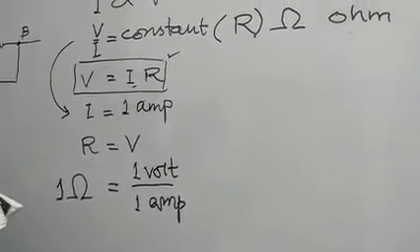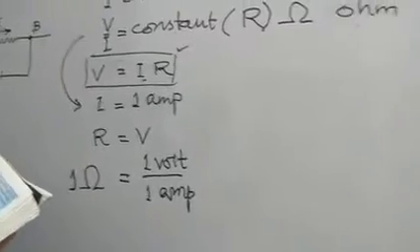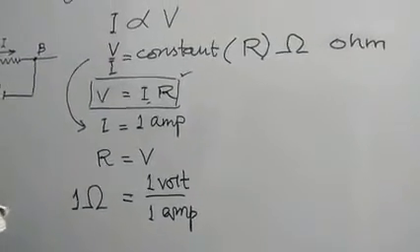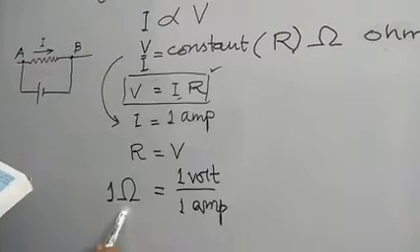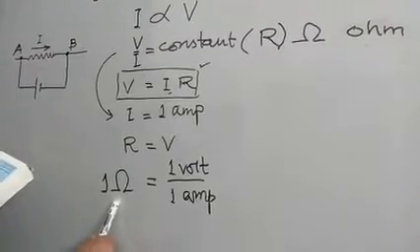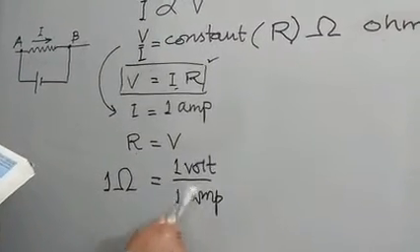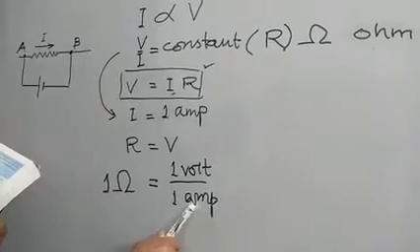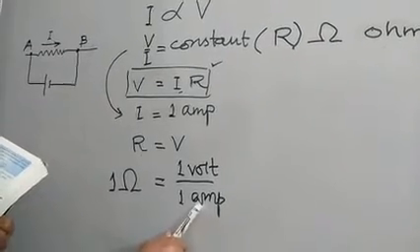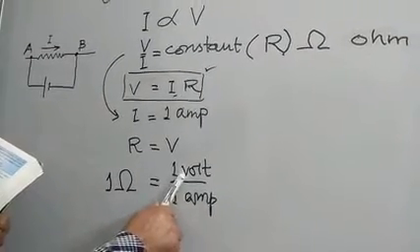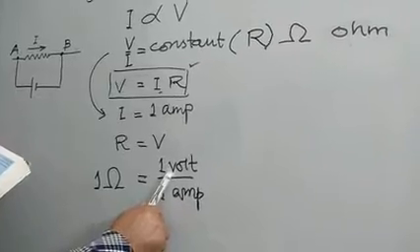Or in words, the resistance of a conductor is said to be 1 ohm if 1 ampere current flows through it when a potential difference of 1 volt is applied across the ends of the conductor.